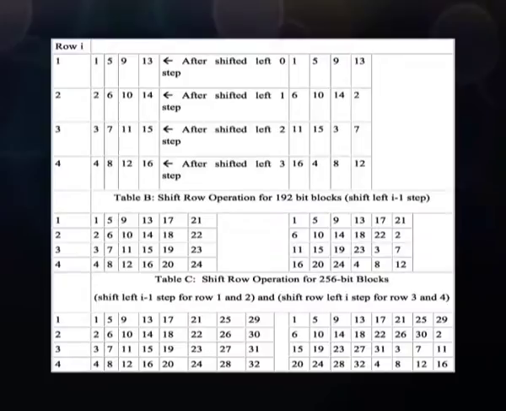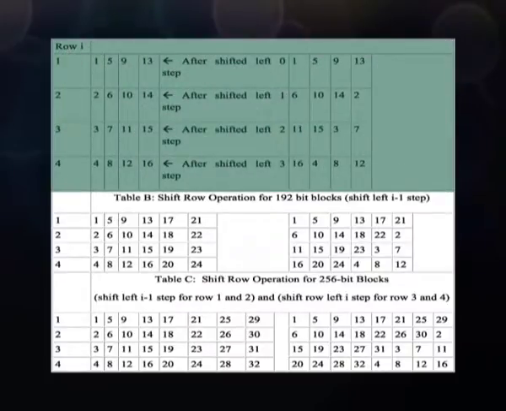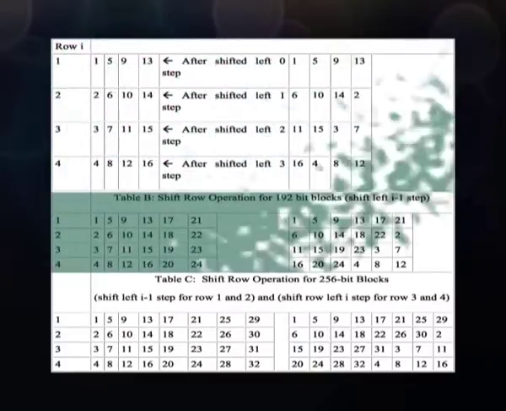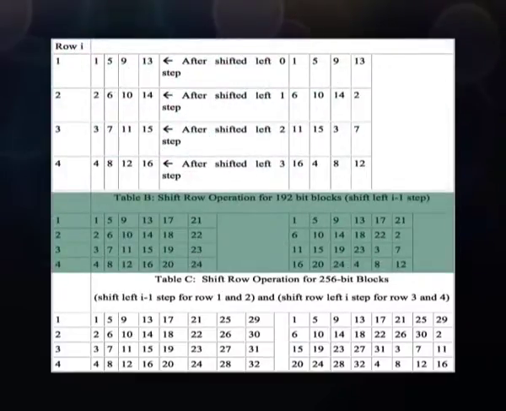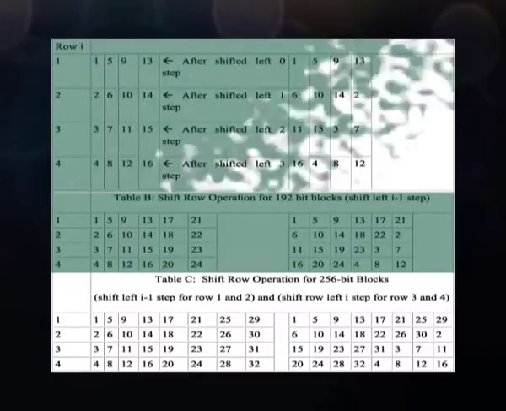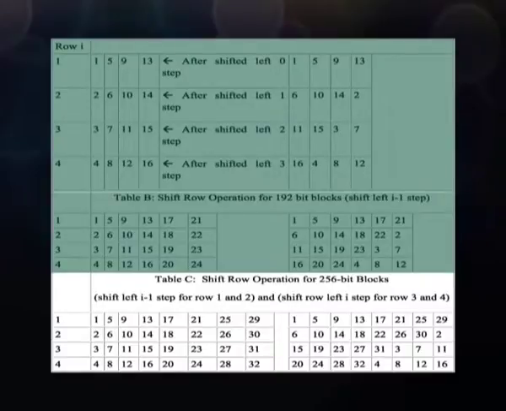Table A shows shifting for 128 bit data and table B shows shifting for 192 bit data. Accordingly, in tables A and B, we can see that row 1 has been rotated left 0 steps, row 2 has been rotated 1 step, row 3 has been rotated left 2 steps, and row 4 has been rotated left 3 steps.